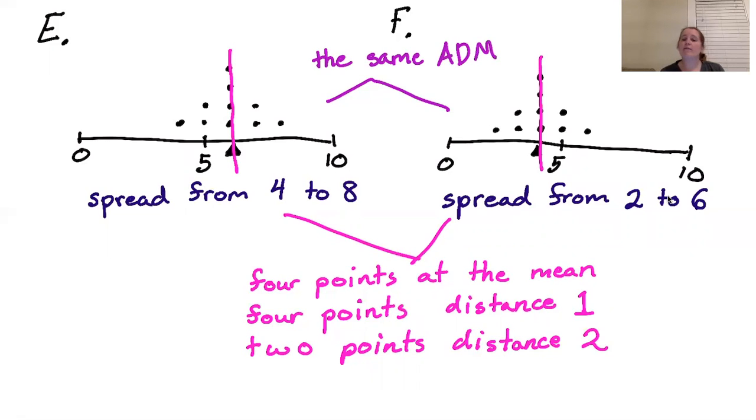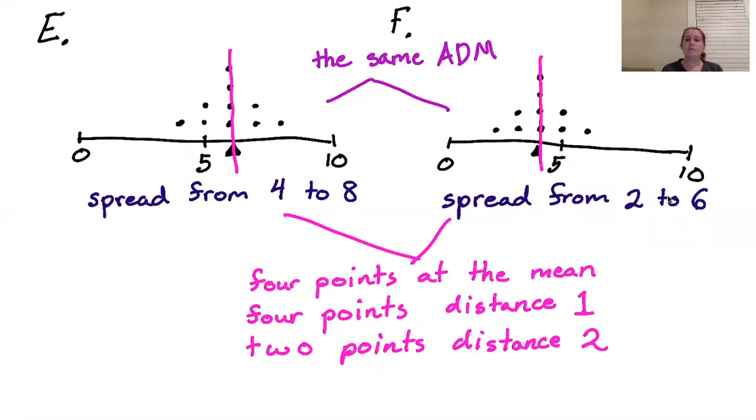So the key thing for E and F, when we talk about ADM, it doesn't matter where on the number line our dots fall. It's more just specifically how spread out those dots are wherever they fall on the number line.